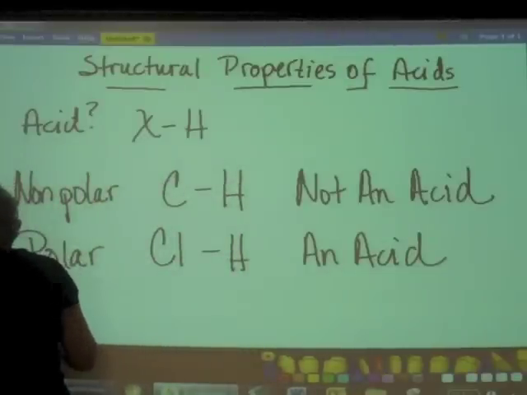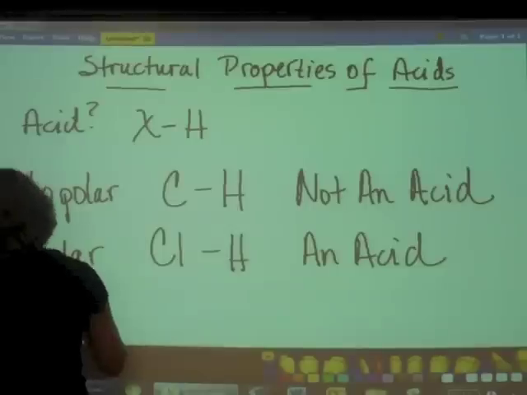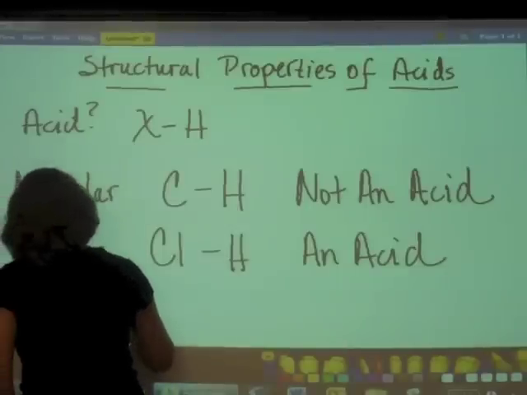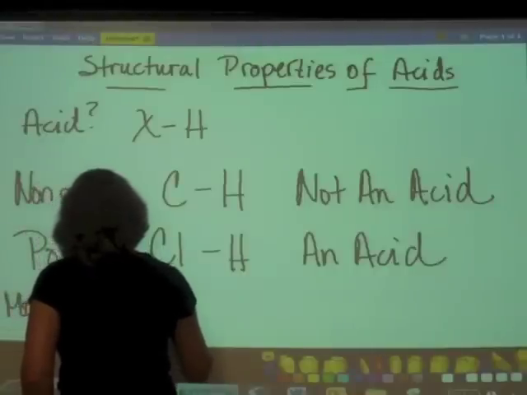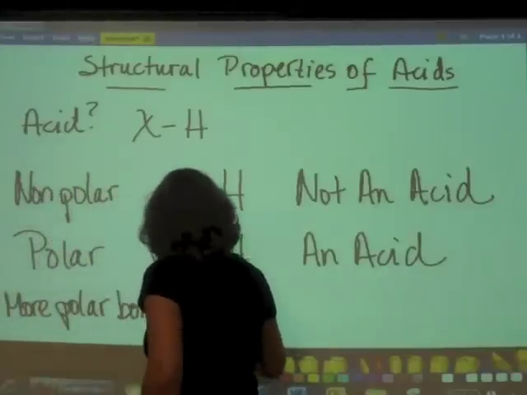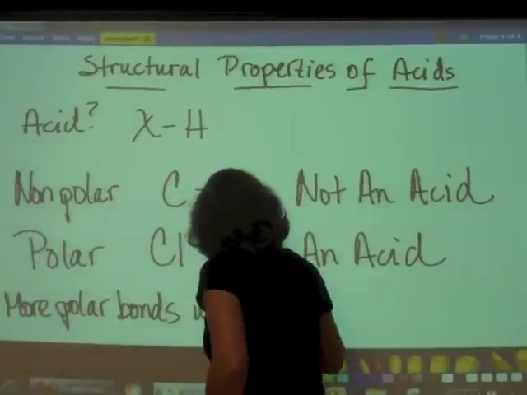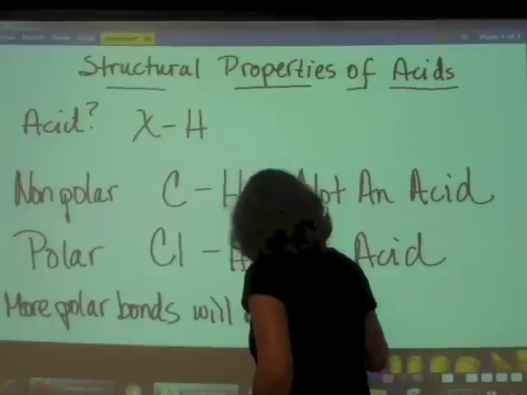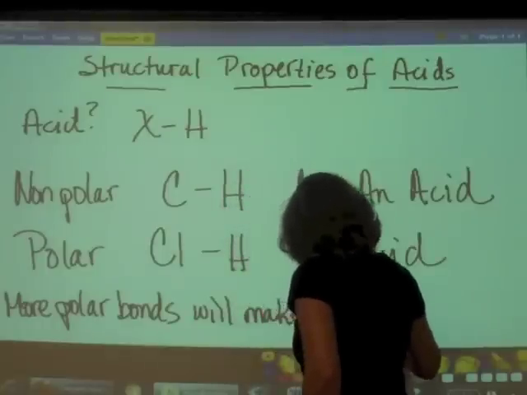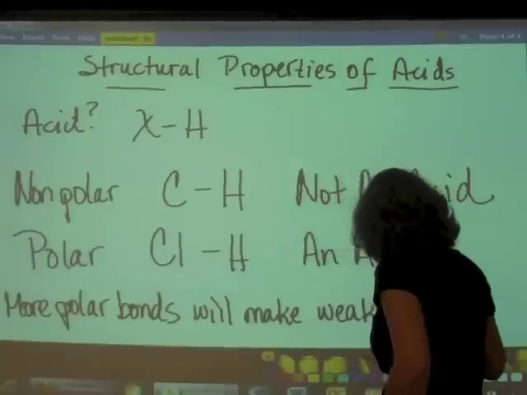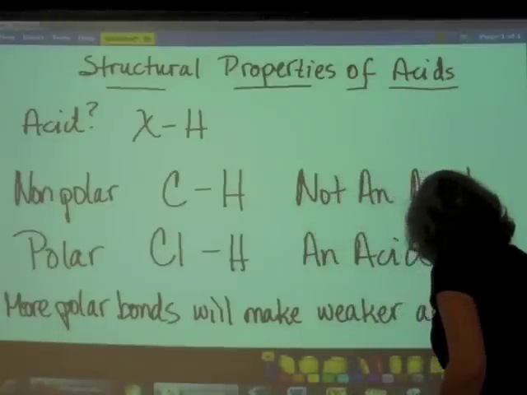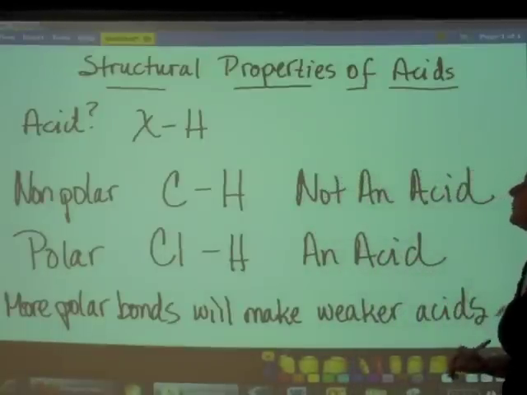More polar bonds will make weaker acids. And that shouldn't be surprising, right?